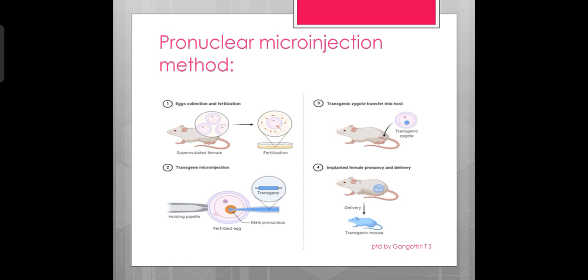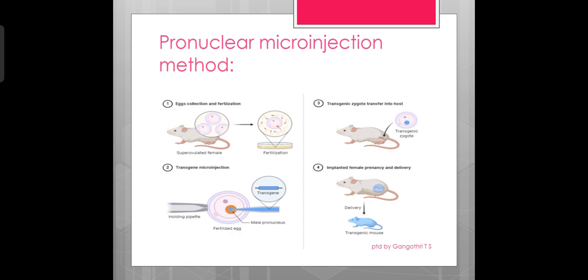The transgene containing solution is then injected into the male pronucleus using a micropipette. Then eggs with the transgenes are kept overnight in an incubator to develop to a 2-cell stage.